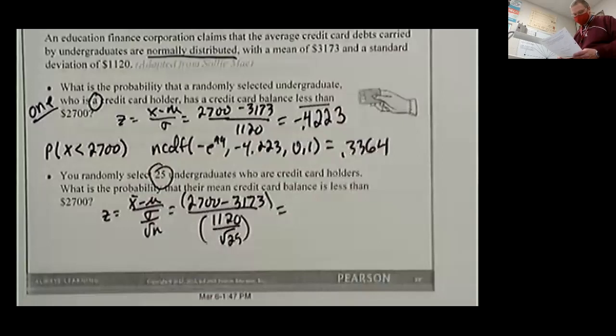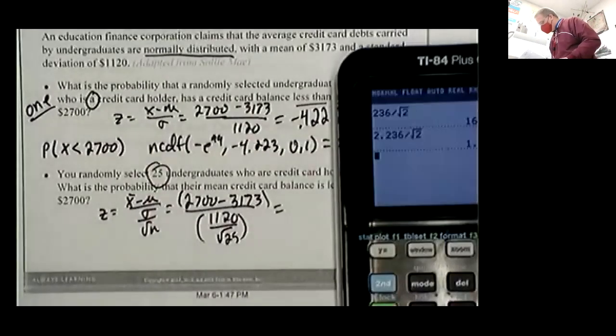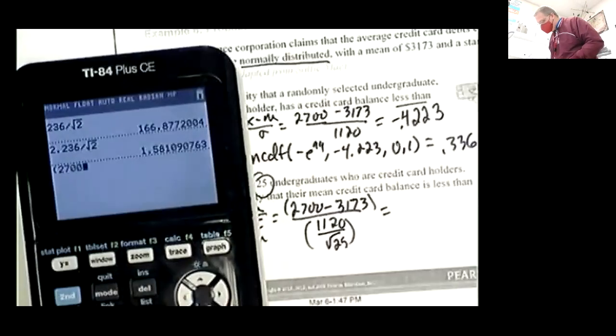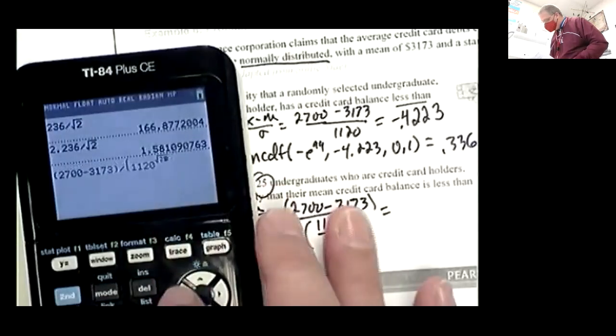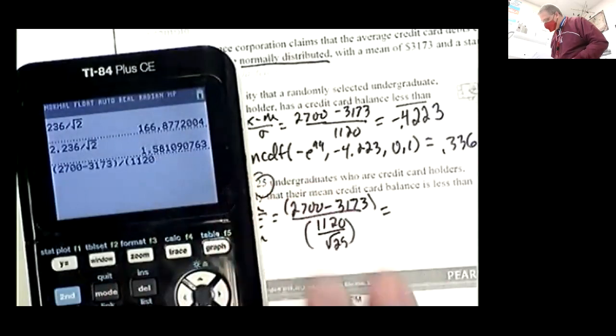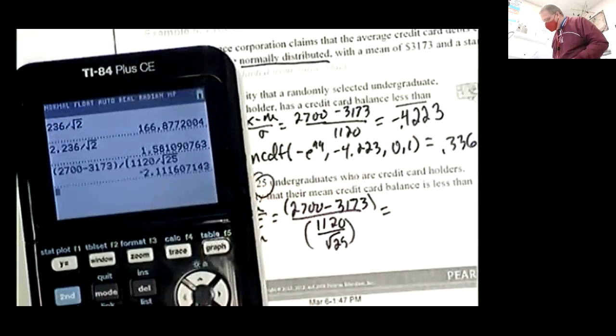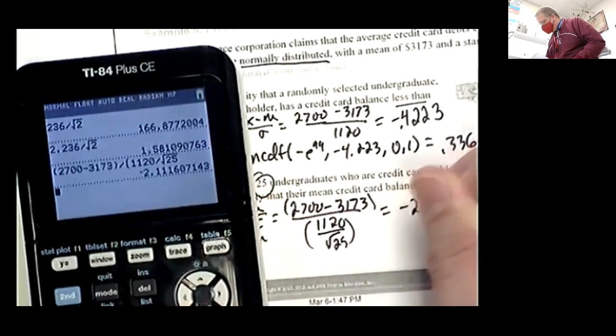I didn't write that one down, so I need to do this on my calculator. So again, parenthesis, 2,700 minus 3173, divide by parenthesis, 1120 divided by square root of 25. Whoops, that is not right. Divided by square root of 25. That gets me a Z-score of negative 2.11.